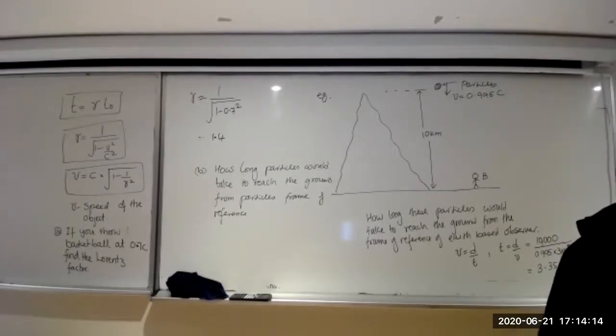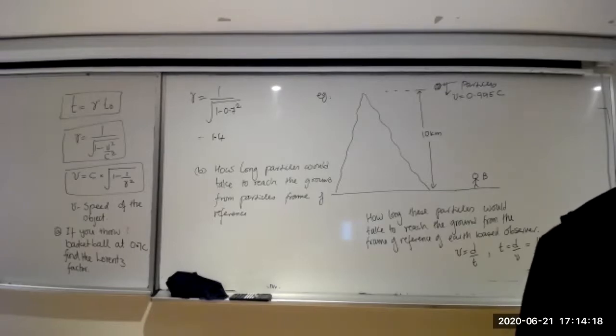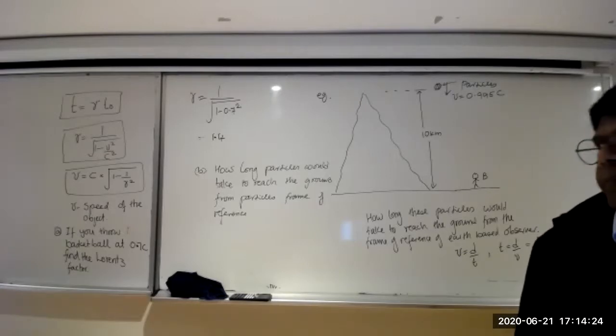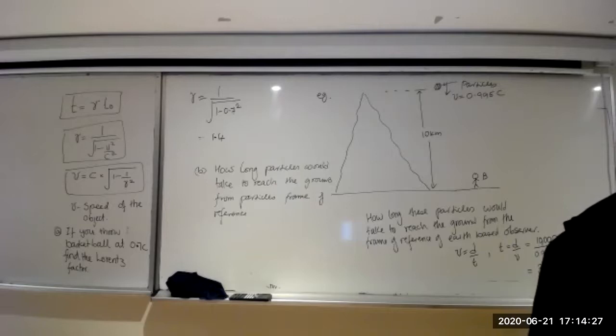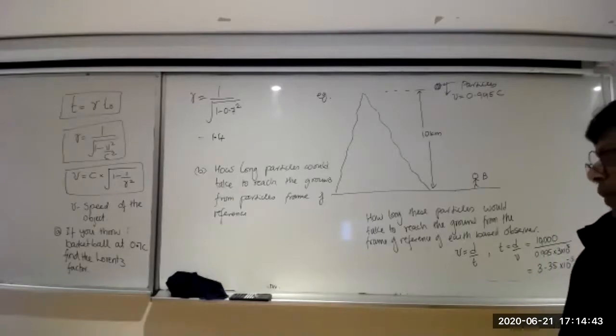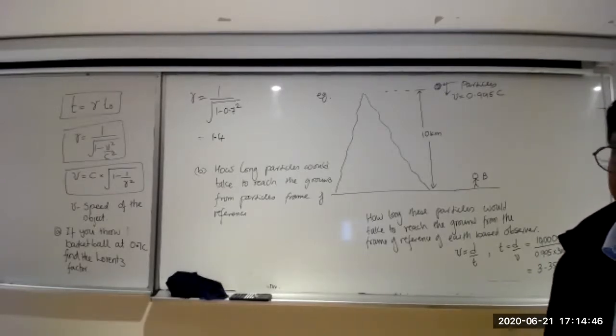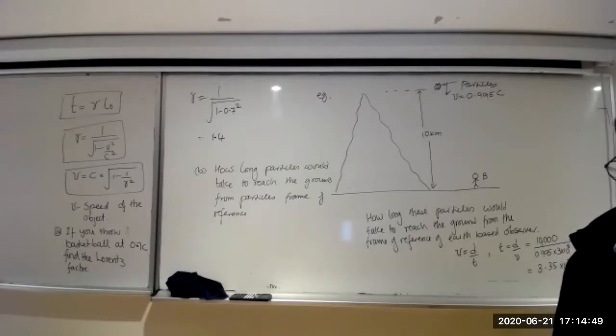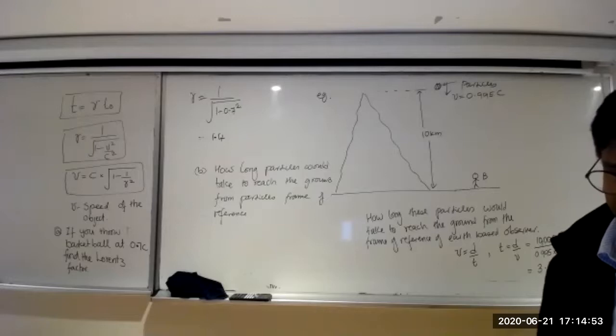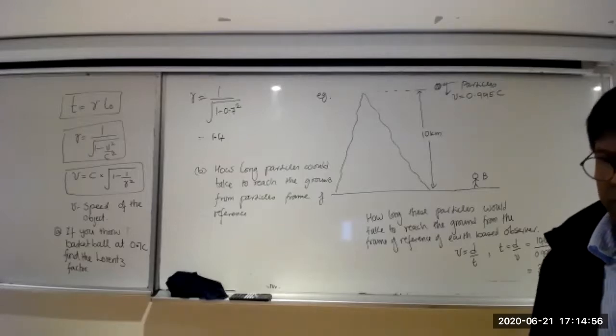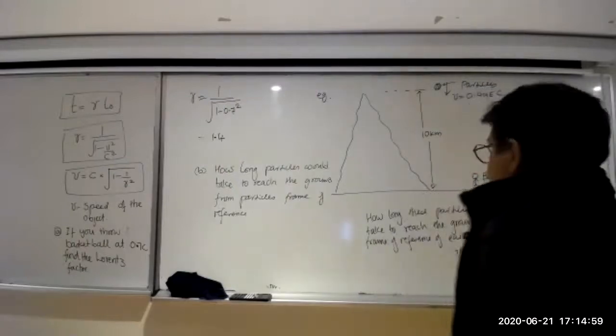Who's measuring the proper time? Manik, who's measuring the proper time? The particle, because it's their journey. When they try to estimate the time, they are measuring proper time. If you know the gamma, you can work out the time they take to reach the ground. So find the gamma.